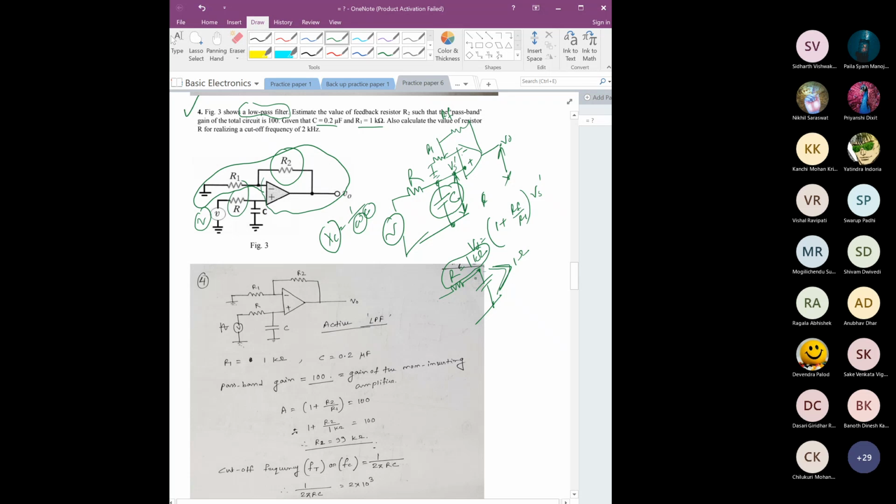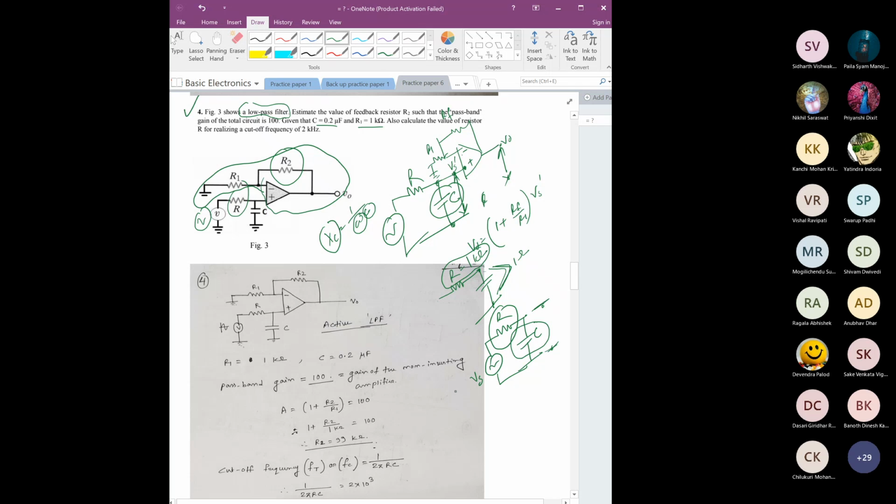And that is basically the action of our filter. That's how this filter actually works. Because you see this is R and C, and you have a signal source. When the frequency is low, this capacitance would offer a higher impedance compared to R, so almost whatever voltage there is will drop across this capacitor, and that means you are getting this output.